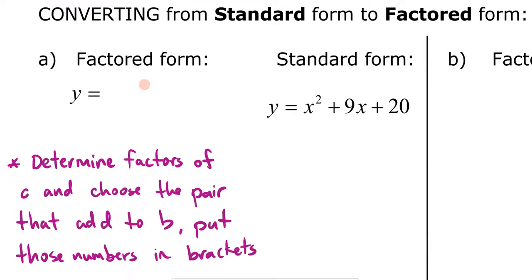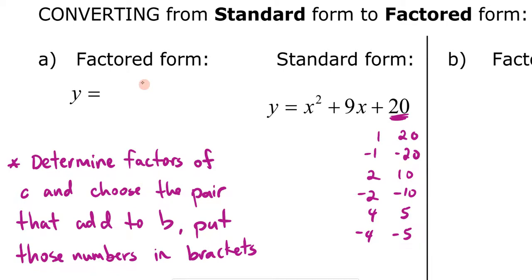So if the product of the two numbers has to be that C value, 20, I'm going to start by writing out all the factors of 20, including the negative factors. We have 1 and 20, negative 1 and negative 20, 2 times 10, negative 2 times negative 10, 4 times 5, and negative 4 and negative 5.